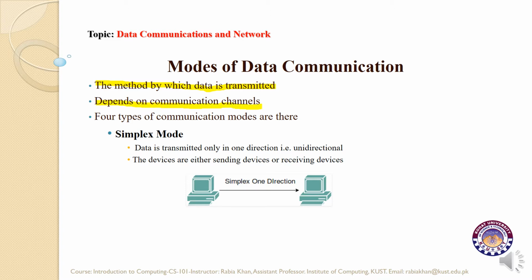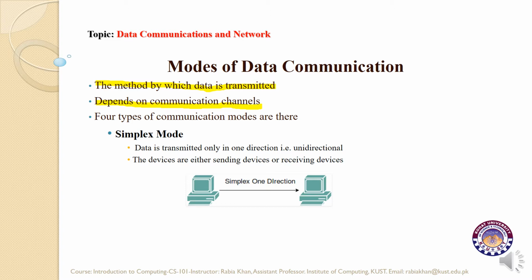So in order to ensure data communication or data transfer, there must be data communication links or communication channels, or we can also call them communication media. This is also one of the elements we discussed previously for data communication.